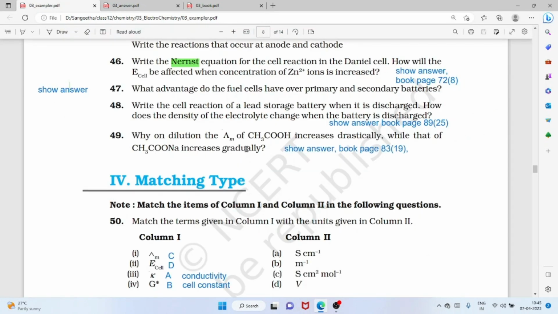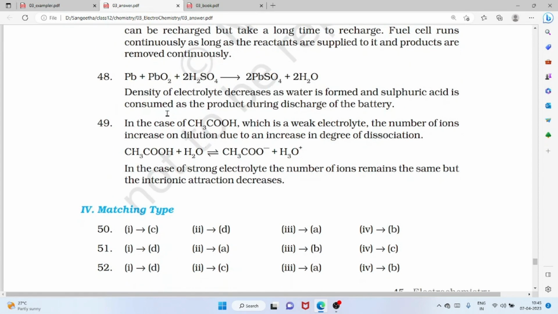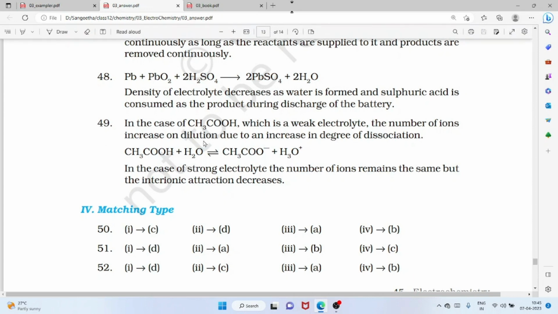Why, on dilution, does molar conductivity increase drastically in the case of CH3COOH, which is a weak electrolyte? The number of ions increases due to the increase in the degree of dissociation.